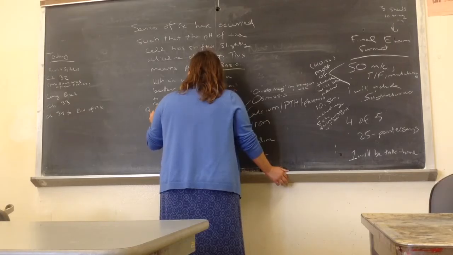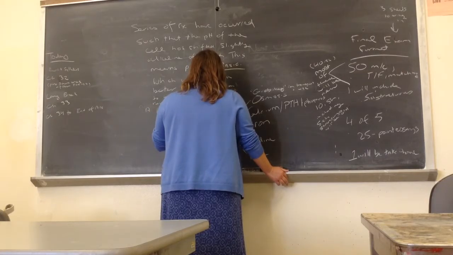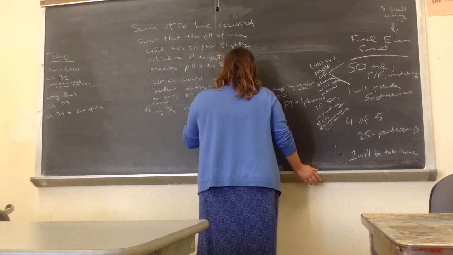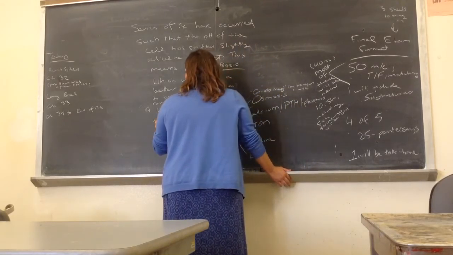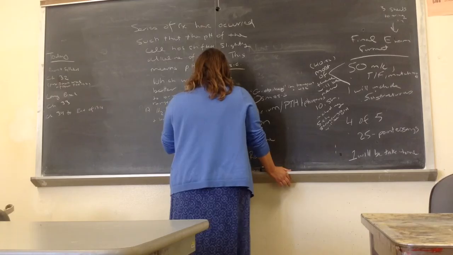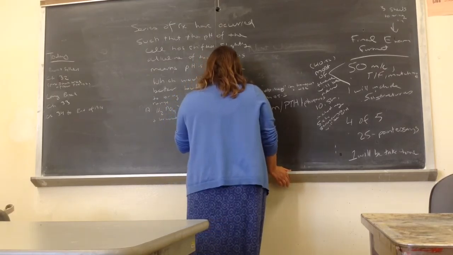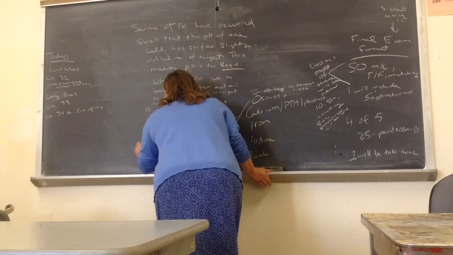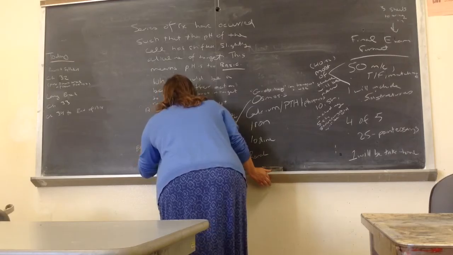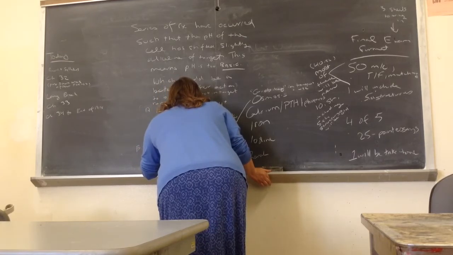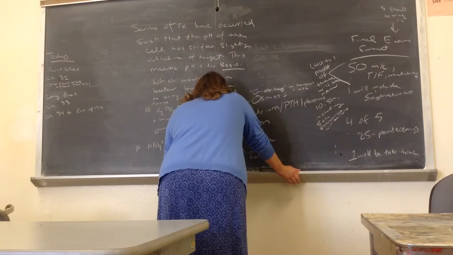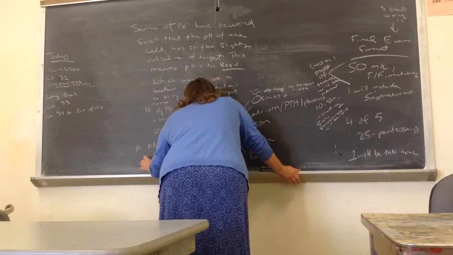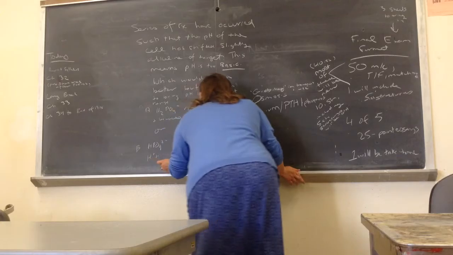So H2PO4 minus releases H plus and becomes HPO4 2 minus, or B, HPO4 2 minus absorbs H plus and becomes H2PO4 minus.